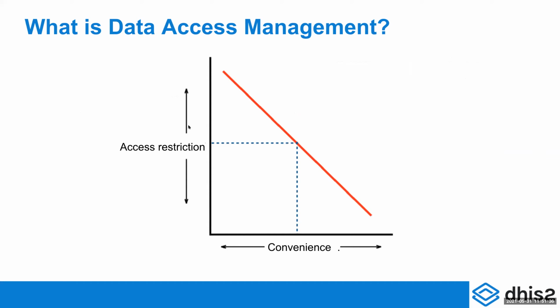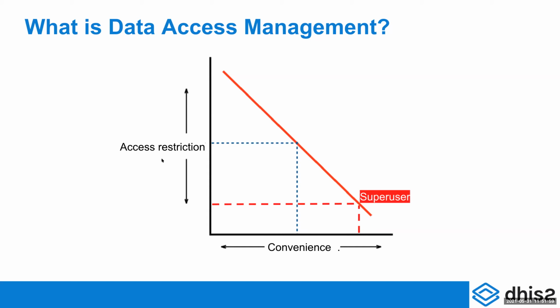So more restriction is further up on this axis. And if we imagine a super user, they would be somewhere over here. They would have very little restriction, so that's why the y-axis is so low, and they are so far to the right because this is super convenient.